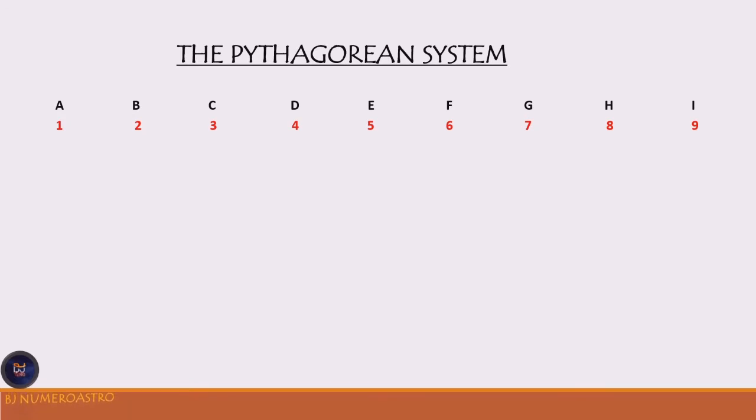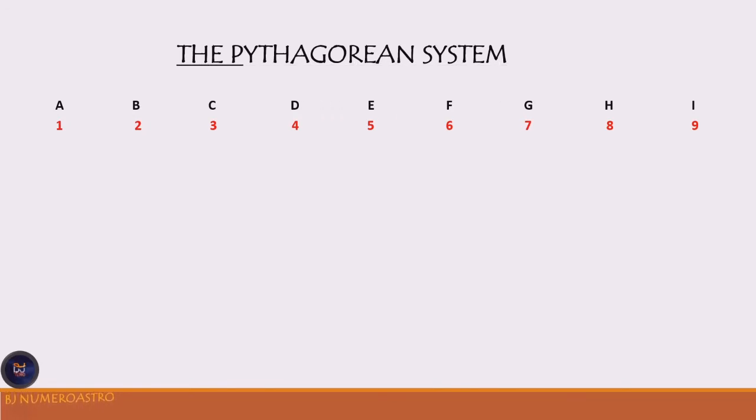I started from A, which has value 1, and I ended at I, which has value 9. So what I'm trying to say is that in numerology, the numbers we have are just from 1 to 9. I'll expatiate more on that. So let's just move on.